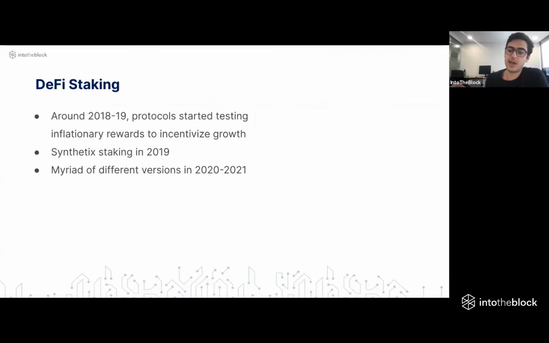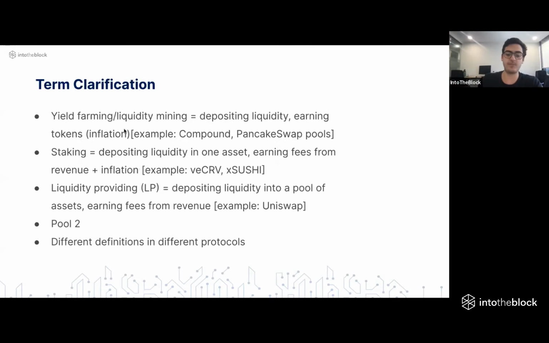This allowed the SNX liquidity in Synthetics to be used for derivatives contracts, which they call synths, and create greater liquidity within their system for a more robust trading engine. And now, based on these early applications, the growth of staking has been ridiculous, with many different versions growing through 2020 and 2021.